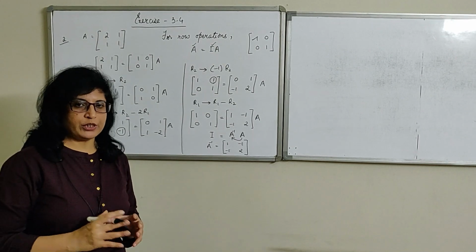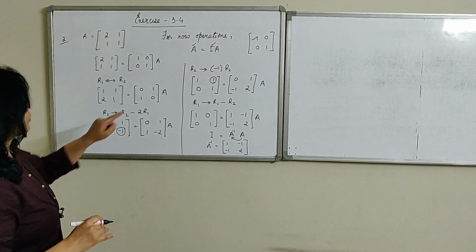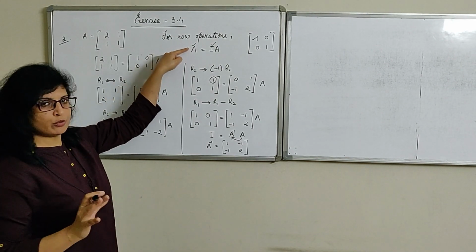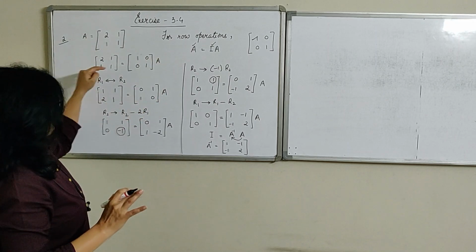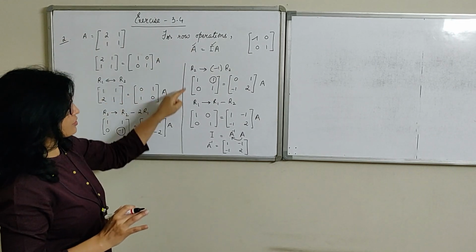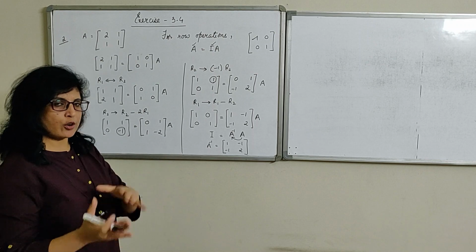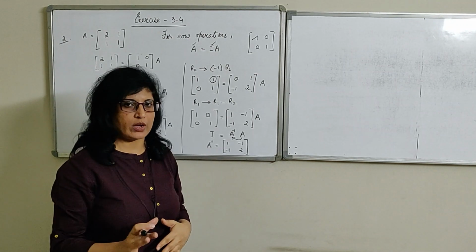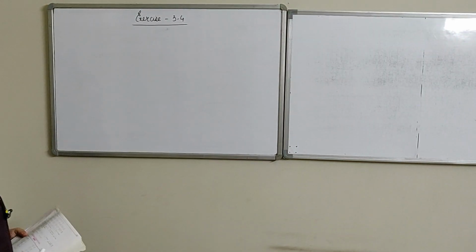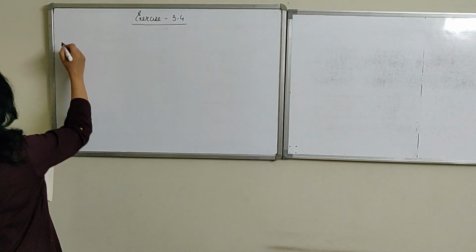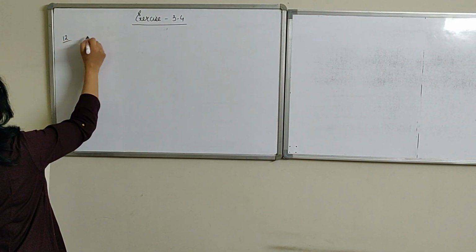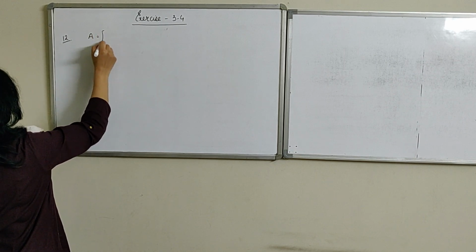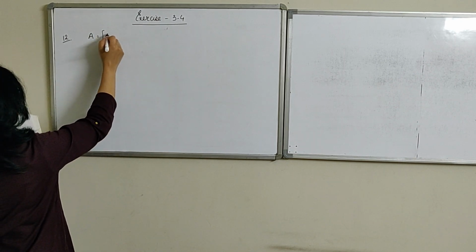Two things have to be taken care of. First, this is the equation to be used for row operations. Whenever row operations are used, corresponding columns have to be converted into zeros and ones. Okay, next we'll take up question number 12 from this exercise. A square matrix of order 2.